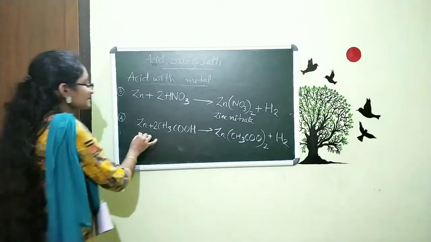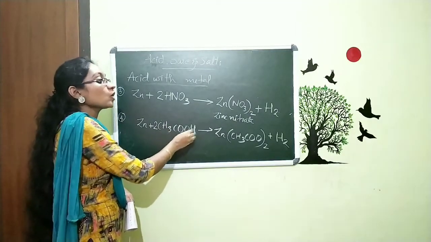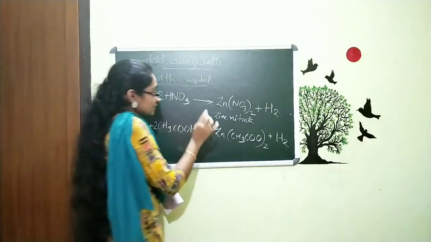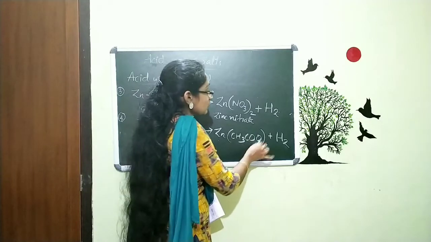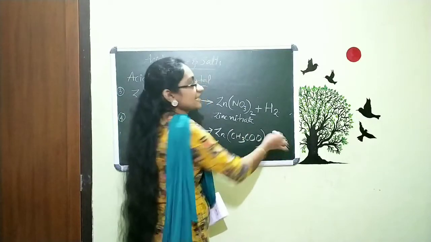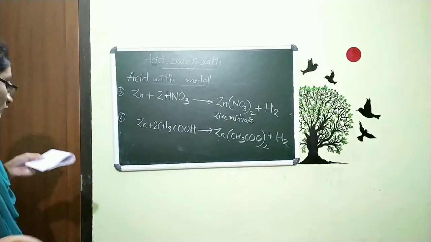When zinc is reacting with acetic acid, CH3COOH, the product is like this, Zn(CH3COO)2 plus H2. And what is the name of this Zn(CH3COO)2?